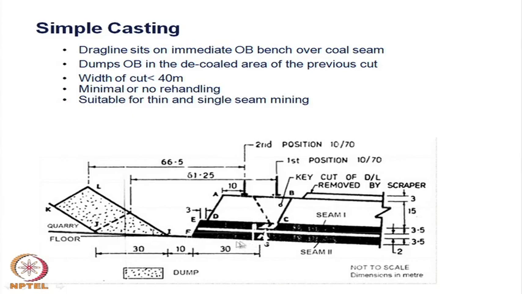So, you can see that this is 61.25 meter away. That means the dragline is used with a 10 meter cube bucket capacity and a 70 meter boom length. From here you can see that it is dumping or casting the material at 61.25 meter.